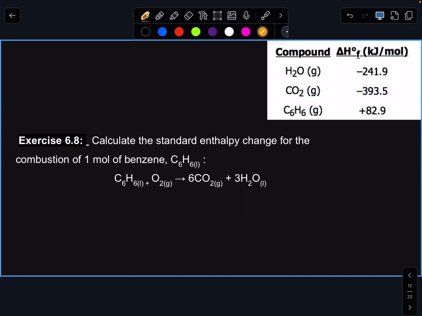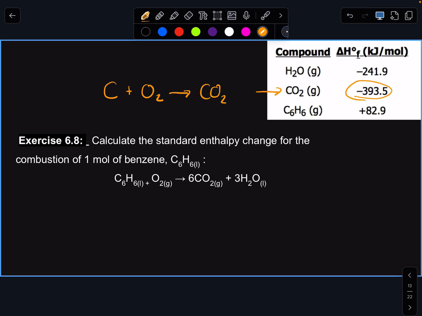Like STP? Yep. So let's take a look at an example once again here at carbon dioxide. This value for its delta H represents the energy it takes to make carbon dioxide. So carbon dioxide, if this was an equation, would be the product. And we're creating it from just its elements, so it would just be carbon and oxygen.